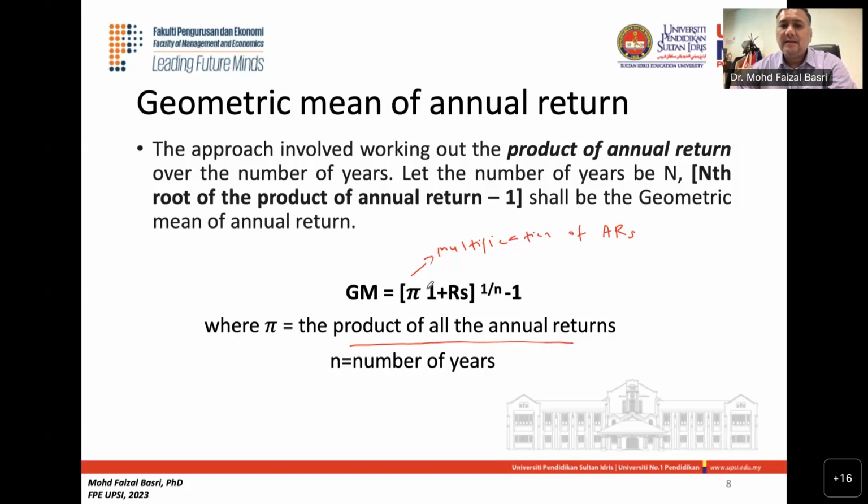and then you add 1. You add 1 here. Sorry, you have the multiplication of ARs, but these ARs you have to add 1 to. Why do we add 1?